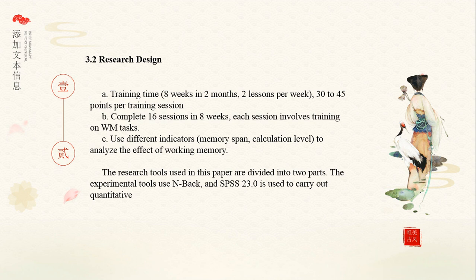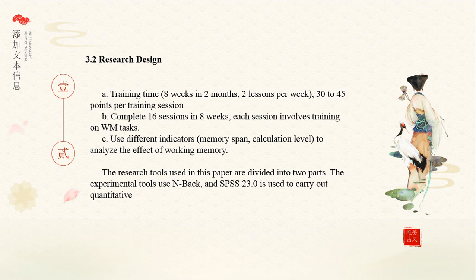And in this research, for the training time, it is 8 weeks in 2 months, 2 lessons per week, and 30 to 45 minutes per training session. And B, complete 18 sessions in 8 weeks. Each session involves training on working memory tasks.